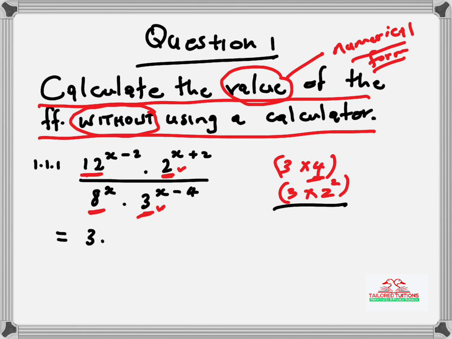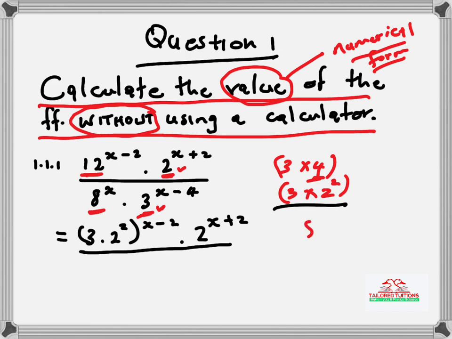That is why in my step here, I am simply going to say 12 is the same as 3 times 2 exponent 2, all exponent x minus 2, multiplied by 2 exponent x plus 2, which we do not have a problem with because 2 is a prime number. All that divided by 8. But 8 is not a prime number. Again, we can write 8 as 2 exponent 3.